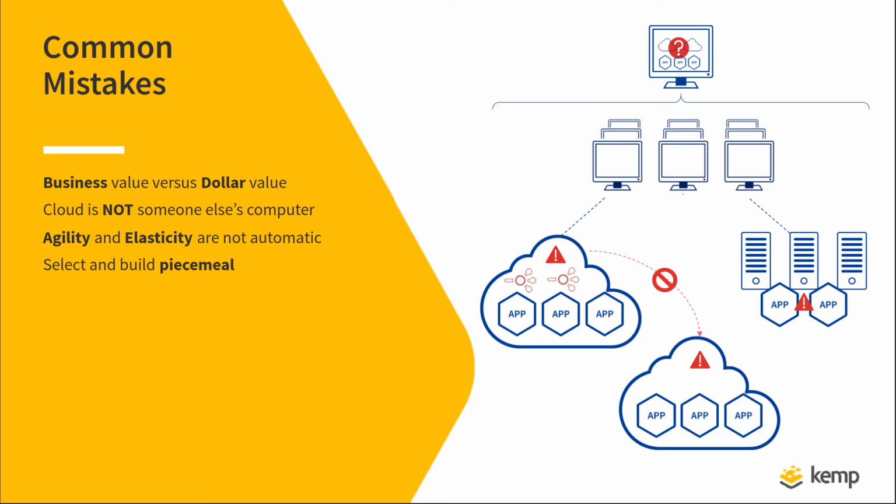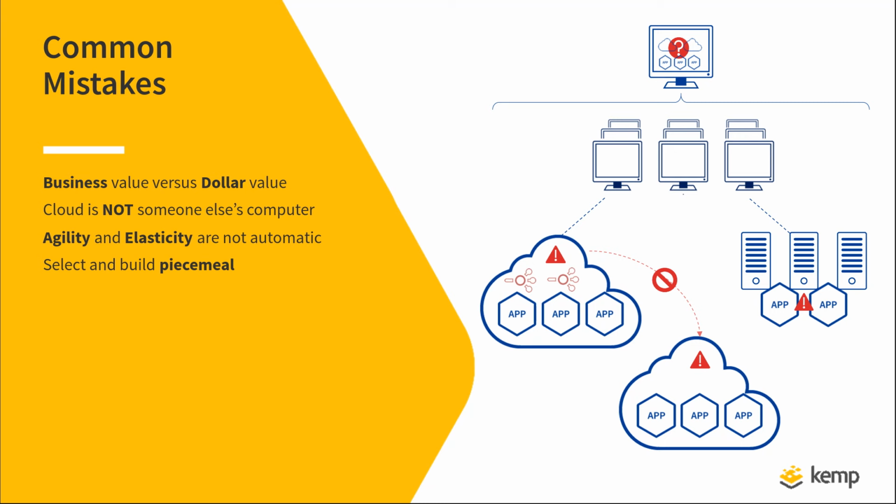And along those lines, that agility, elasticity, that flexibility that we want out of the cloud, it's not automatic. We need to make sure that we have the scalability, the elasticity, on demand resourcing, the agility, ability to change things quickly and easily built into our infrastructure, this hybrid IT technology.